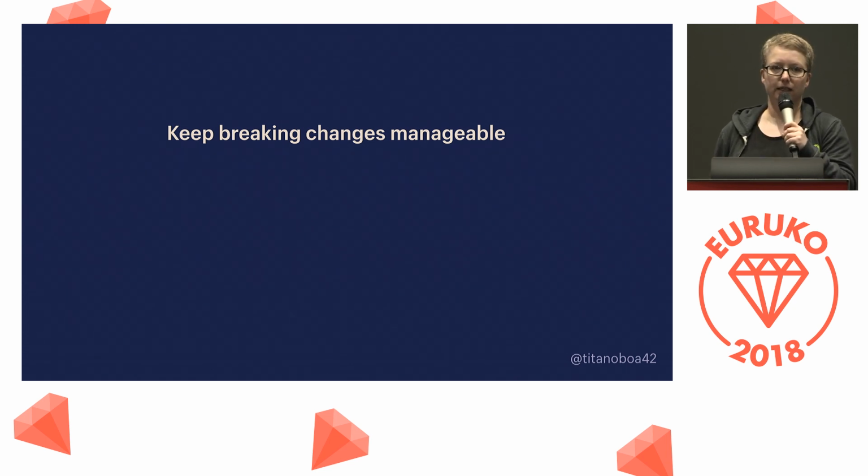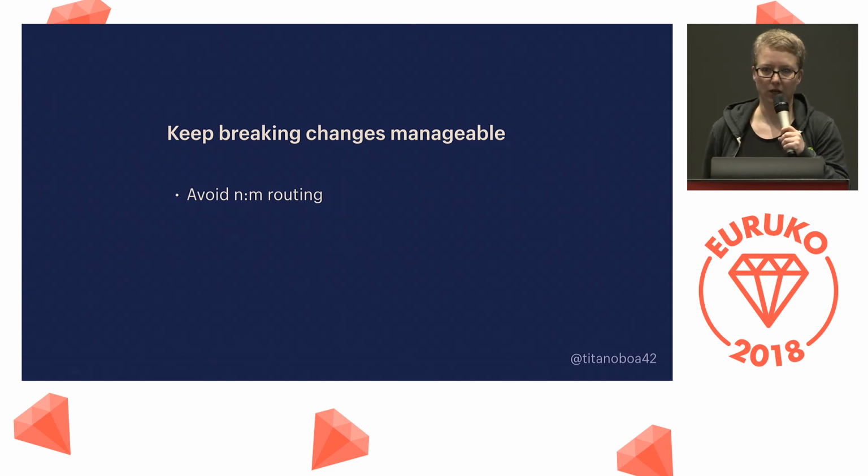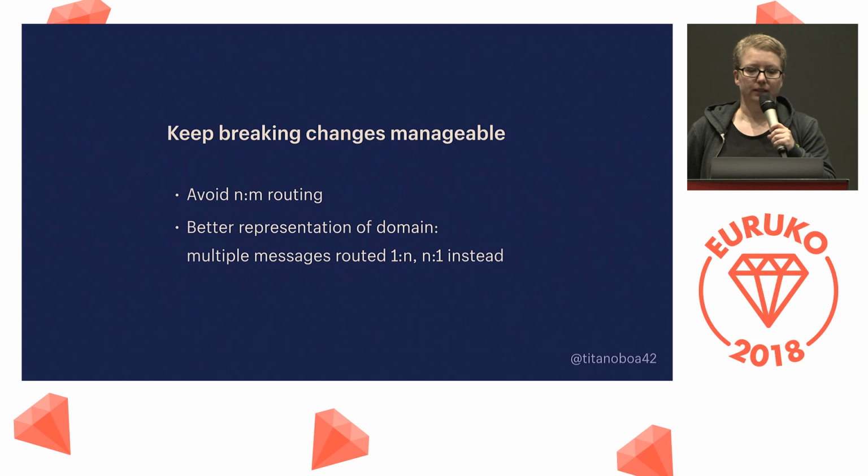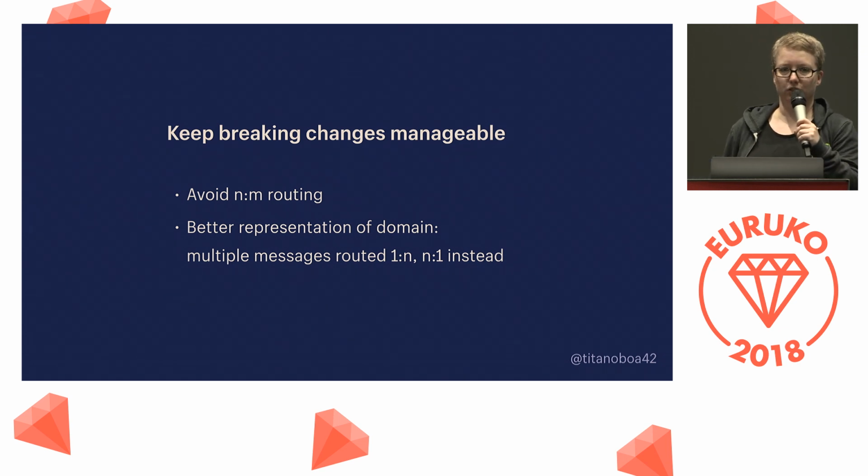That is really hard to coordinate if the message is routed from multiple producers to multiple consumers, which is why end-to-end routing of messages, even though it's technically possible, is usually not a great idea. Also, the domain, the business logic, is usually represented much better by having multiple different messages, some going N-to-1, others going 1-to-N, instead of having this one huge message covering everything.